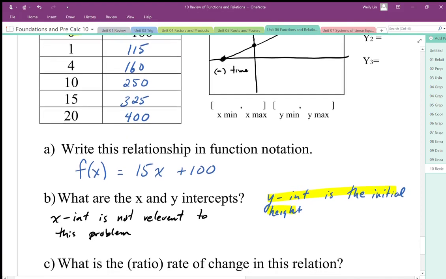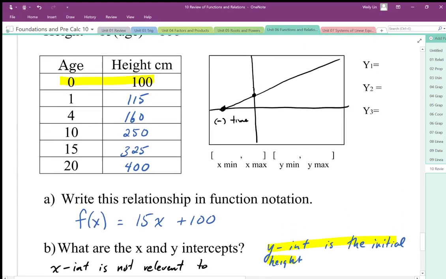Okay, so this is what it looks like so far. I can plot some of these points on here. So let's say that that's 100. So we're going to say that that's about 20 years. So let's make the x-axis maybe negative 10 to 20. The y is going to be maybe negative 200 to positive 400.